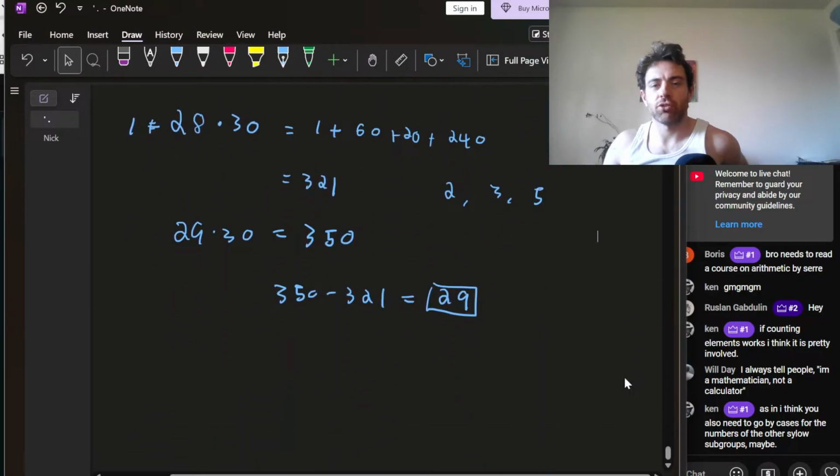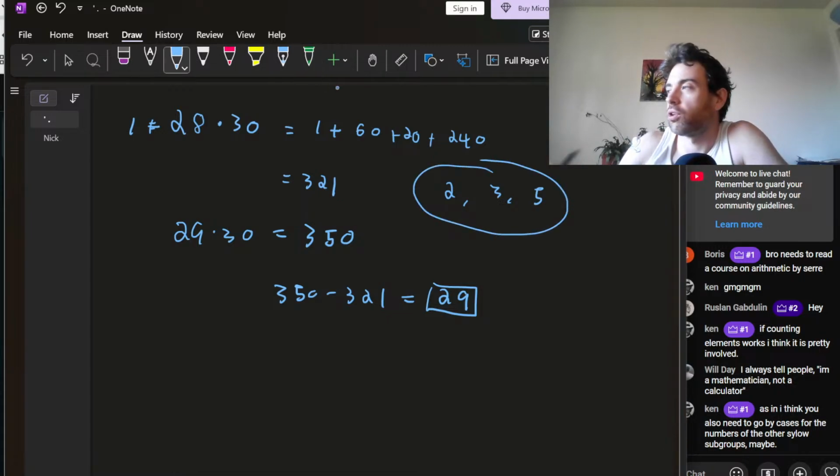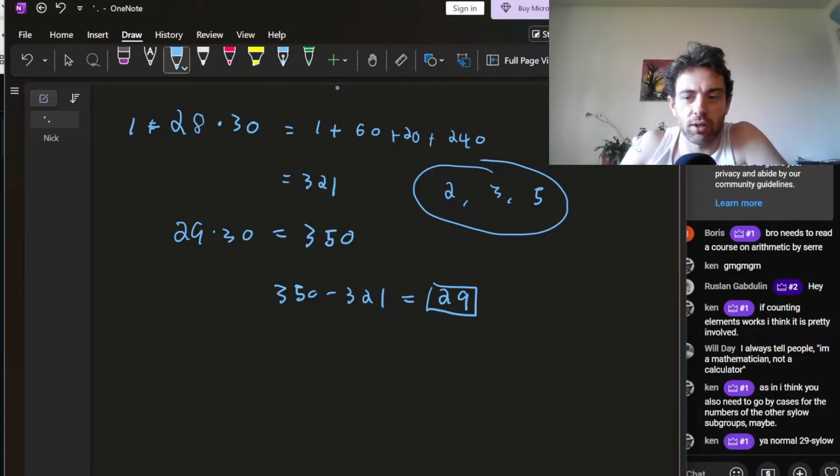Because one of the things you can say is, okay, if there is only one of each of these groups, then of course it would be normal by the Sylow theorems. So imagine each of these groups had at least two elements. You would have at least two non-identity elements coming from the two order two groups.